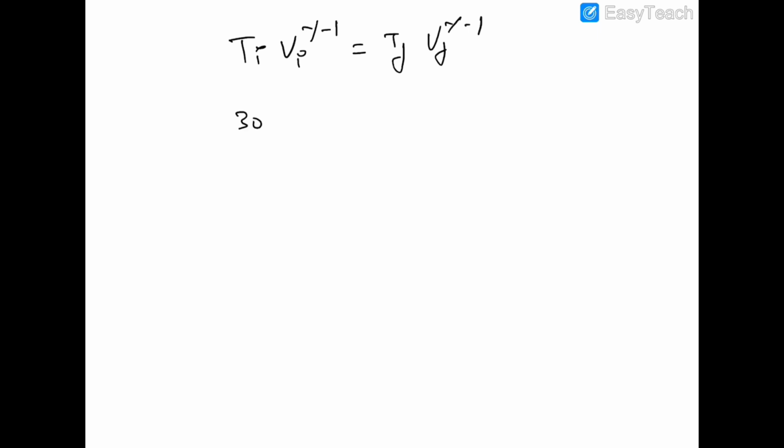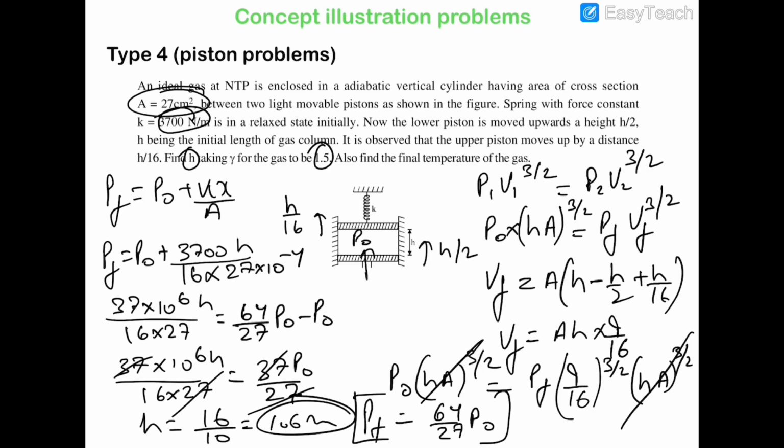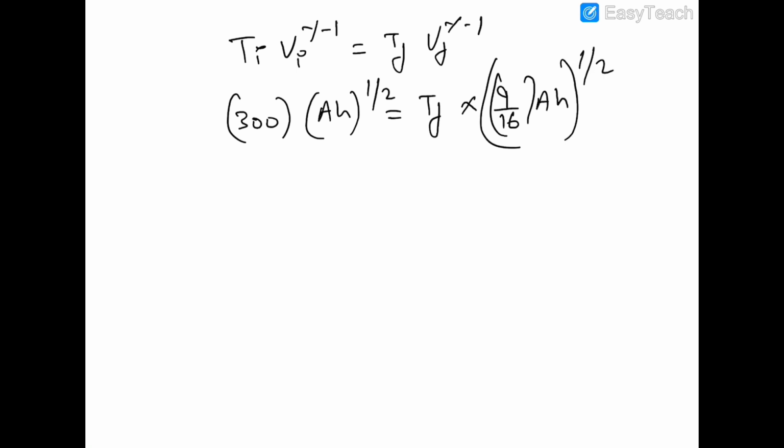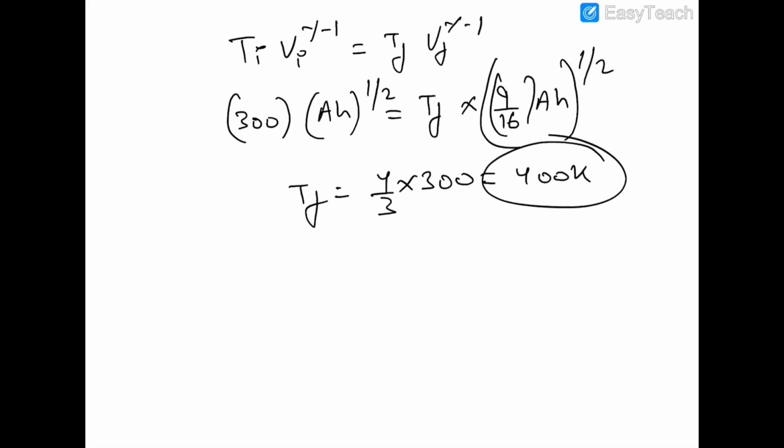Now T initial was 300 and V initial of the gas was equal to AH, and gamma minus 1 will be equal to 1 by 2, and T final into V final, which is 9 by 16 of AH, to the power 1 by 2. So T final will be equal to 4 by 3 times 300, so it would be equal to 400 kelvins. So the correct answer is 400 kelvins.